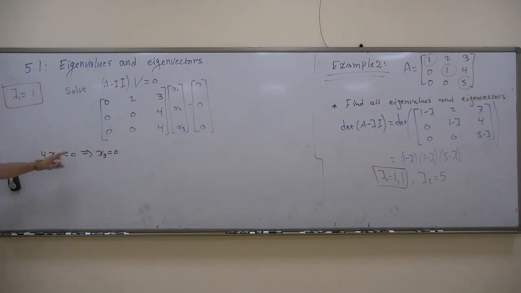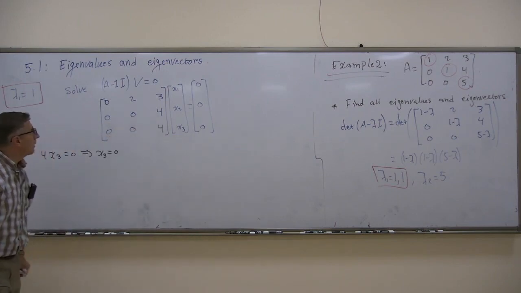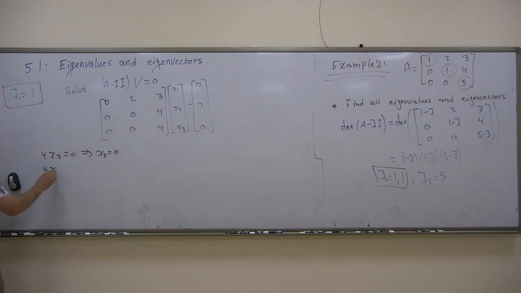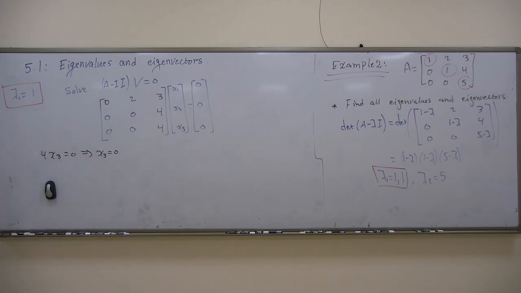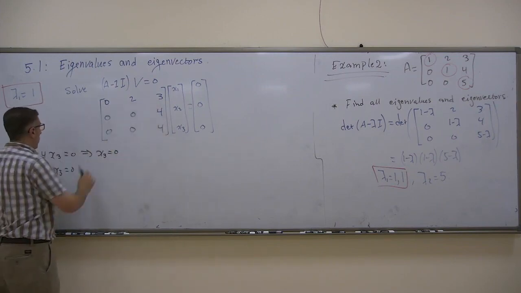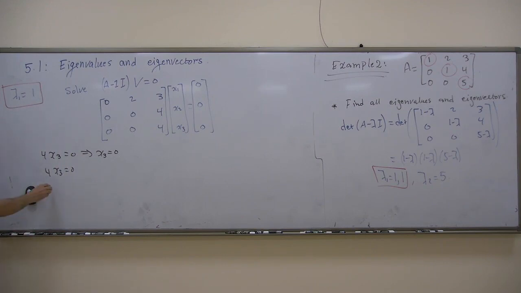Now you go upstairs here, and here you get 2x2 plus 3x3 is 0.